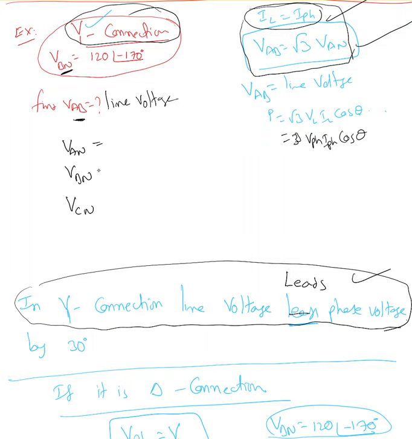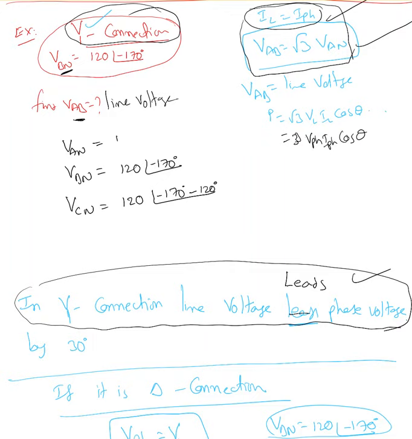He gave you VBN, which is 120 at an angle of minus 170 degrees. VCN must be 120 at an angle of minus 170 minus 120. I'm assuming it's symmetrical, so all three phases are the same magnitude.